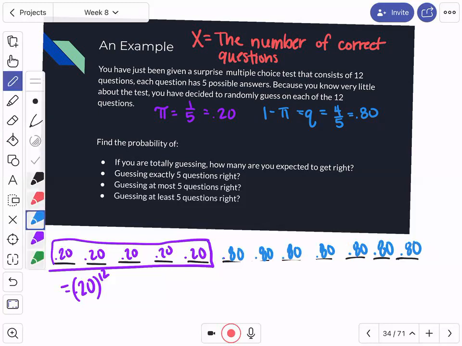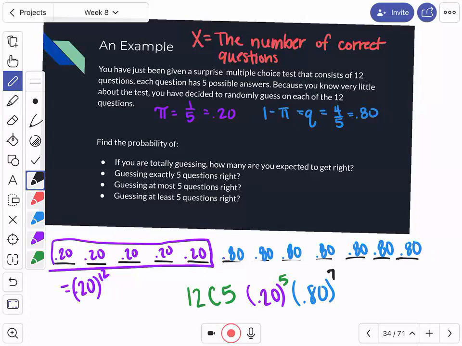So really, what this is going to break down to is we're going to look at 12C5. 12C5 gives me the number of combinations I can have for 5 questions being right. Then y'all tell me that we have 0.2 raised to the 5th power, and we have 0.8 raised to the 7th power.